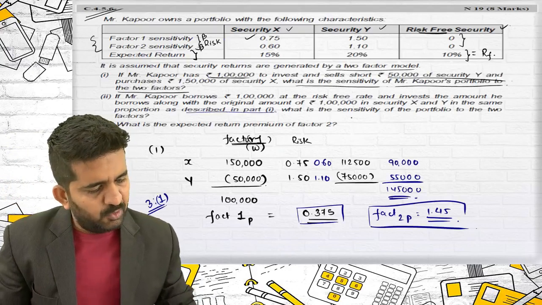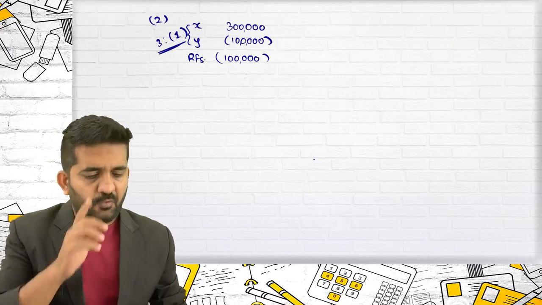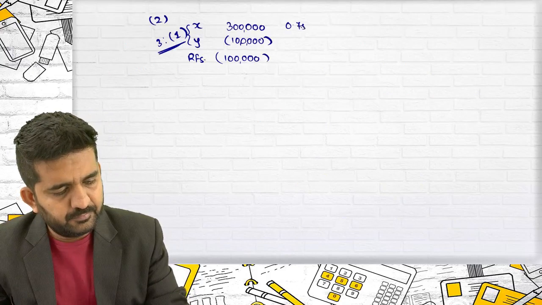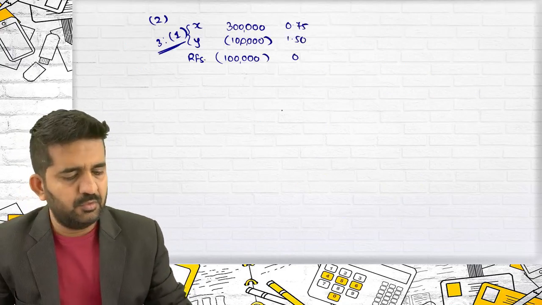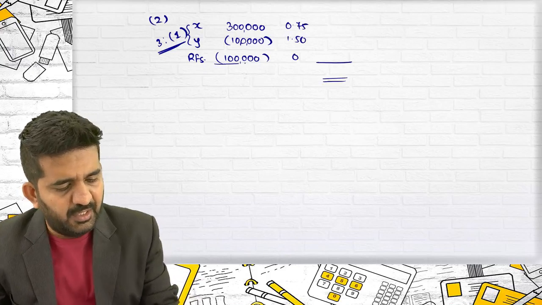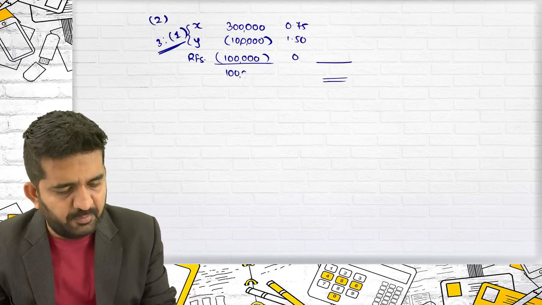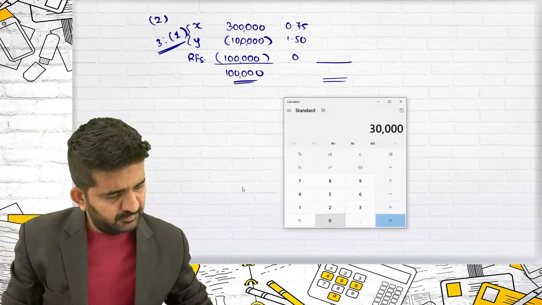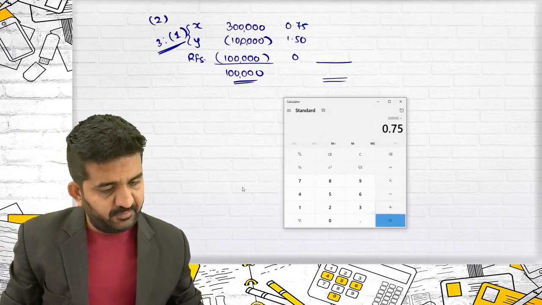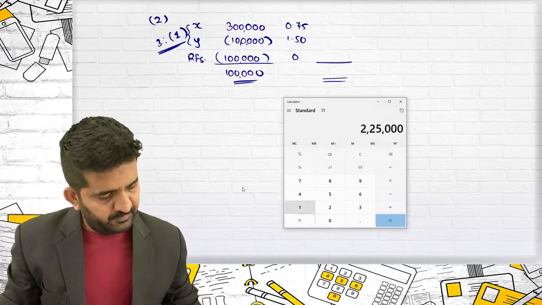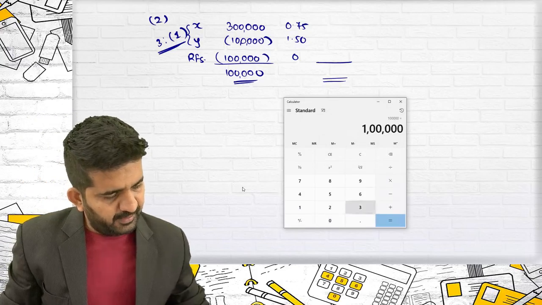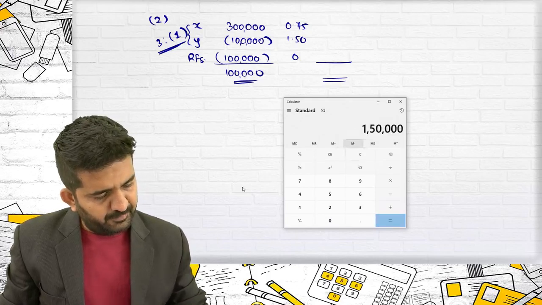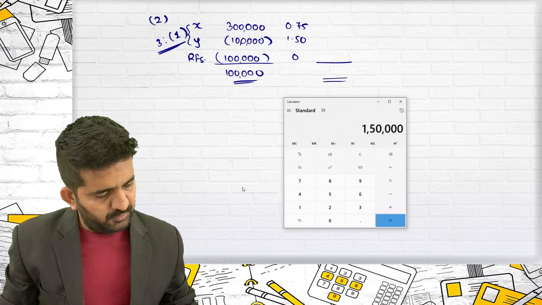What is the sensitivity of the portfolio to the two factors? So in the first case, I need to write down 0.75, 1.50, 1.50 and 0. I need to find out sigma IW divided by sigma W. Believe me, this answer would be 1 lakh. I'm finding out 3 lakh into 0.75 plus negative 1 lakh into 1.5 plus 0.